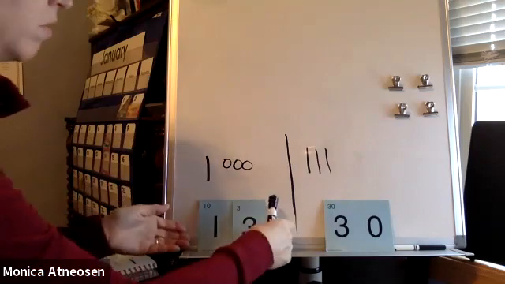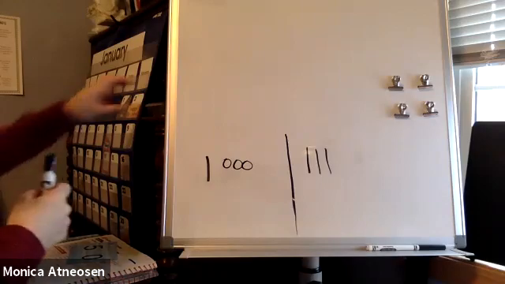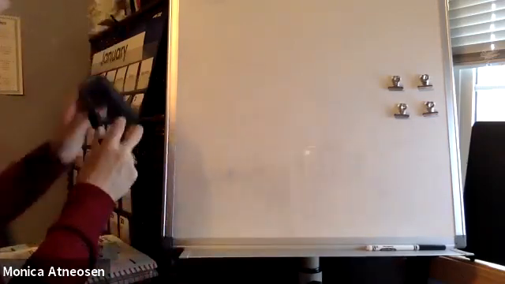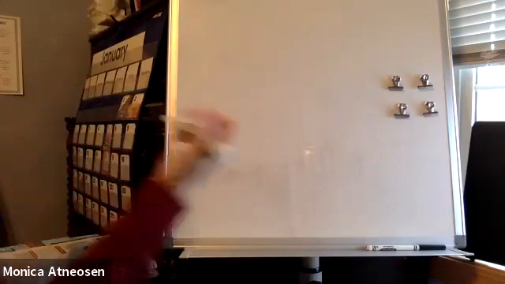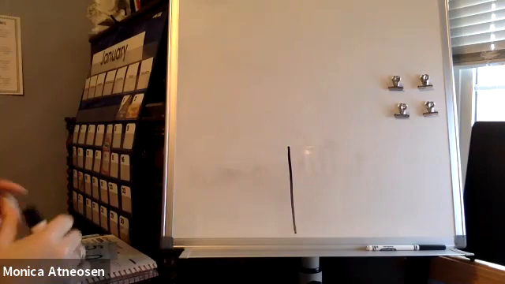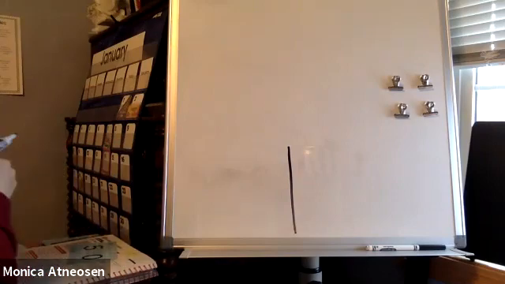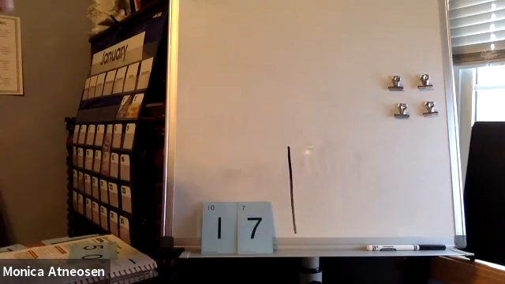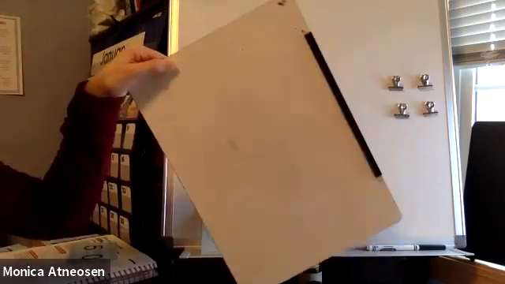Let's check out some more. You can erase, or you can find a new place on your piece of paper, or maybe you even need a whole new piece of paper. And let's put a line in the middle there. And this time the number is 17. Go ahead and draw that on your whiteboard. Remember, everybody got a whiteboard.